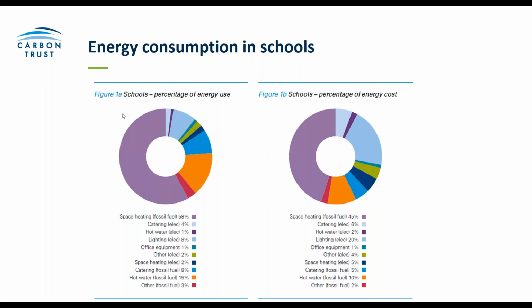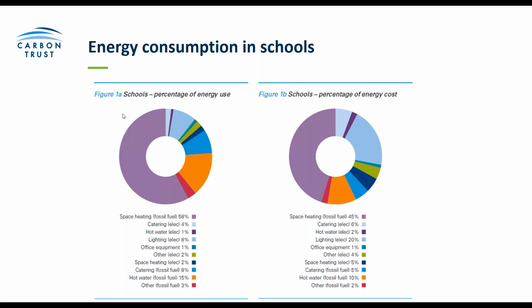The charts that we've shown on the slide here are actually taken from the Carbon Trust Guide for Schools, which I should mention is also available via the Carbon Trust website. These pie charts divide into energy use on the left-hand side and then energy cost on the right-hand side for a typical school.